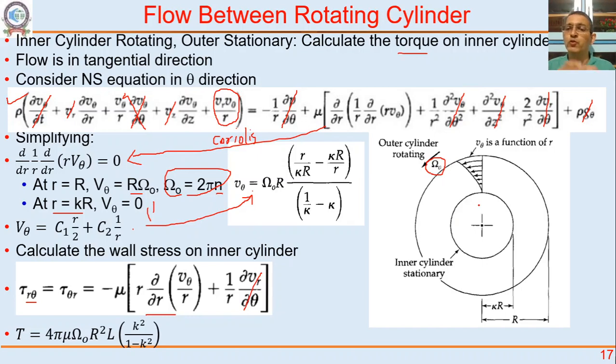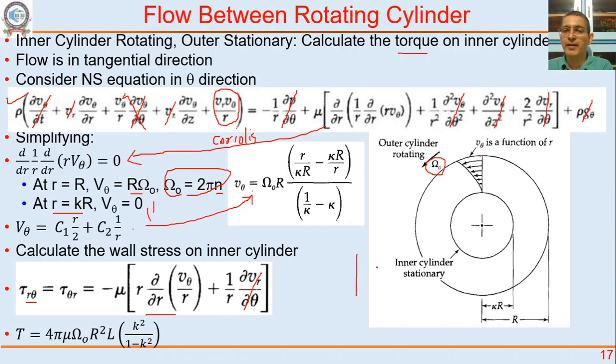You will get the force multiplied by the area of the inner cylinder. The area of the inner cylinder is 2 pi kR, that's the perimeter, and let's say L is the depth perpendicular to the screen. So that's the surface area of that inner cylinder. Try to visualize. These cylinders are like this, right?